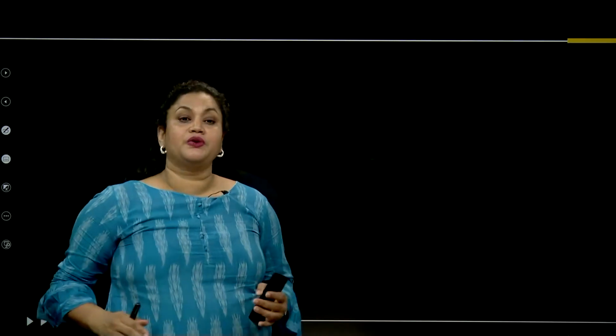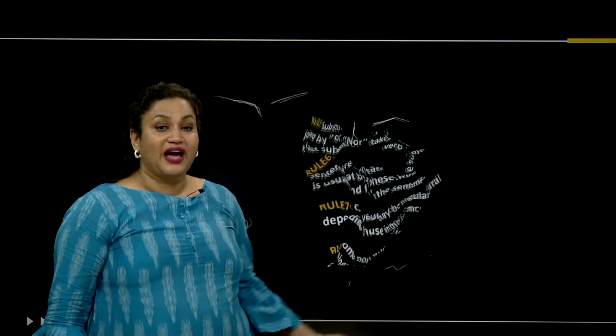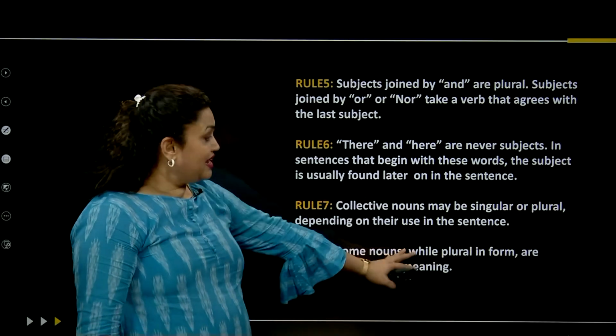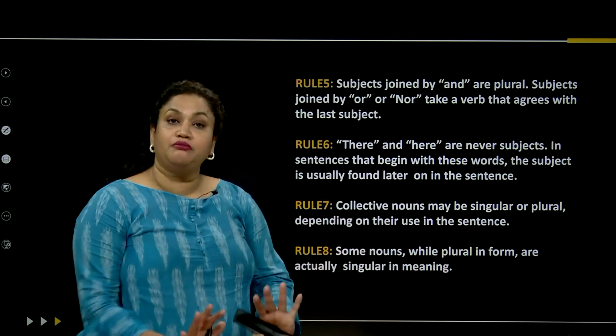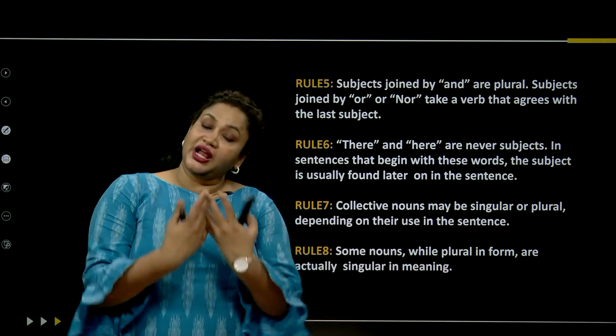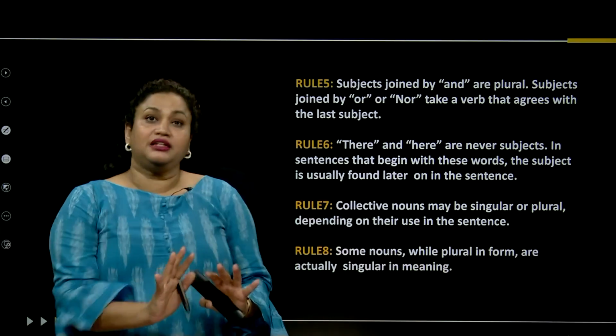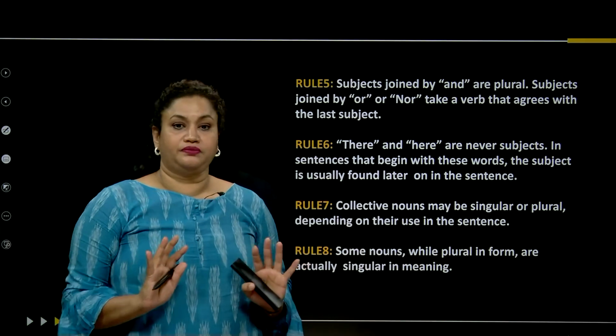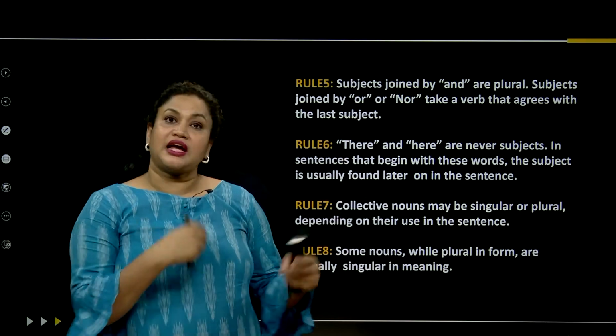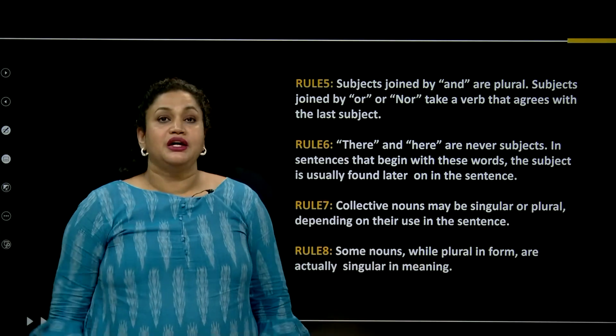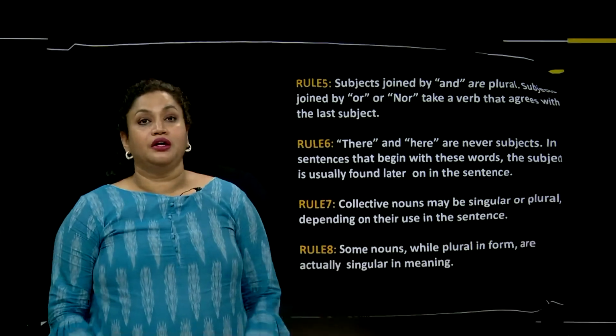For example, the police, the staff is working day and night. So, the staff is definitely not one person, but yet we are using the staff. So, therefore, when you have this sentence, while plural in form, they are actually singular in meaning. So, now the staff can be singular and can be plural too, but we have to use it in a singular form, right? In those cases we have to make sure how it is being projected.